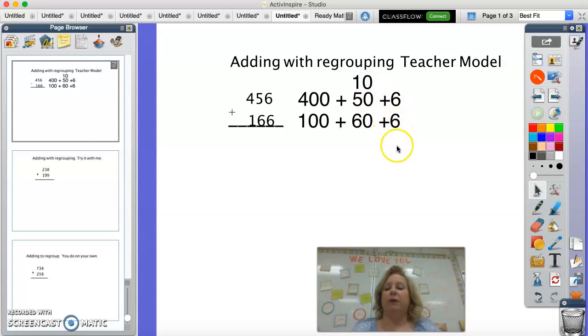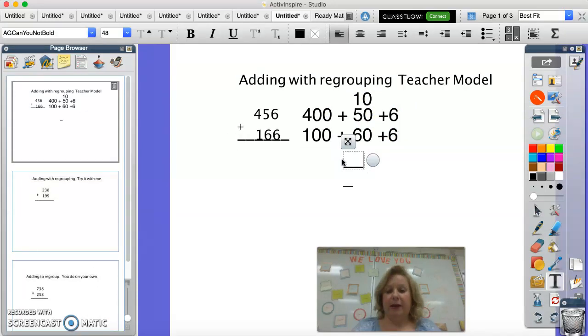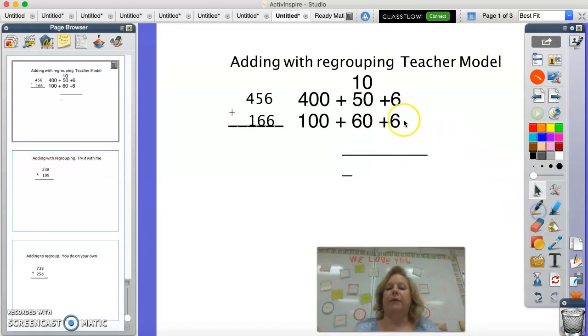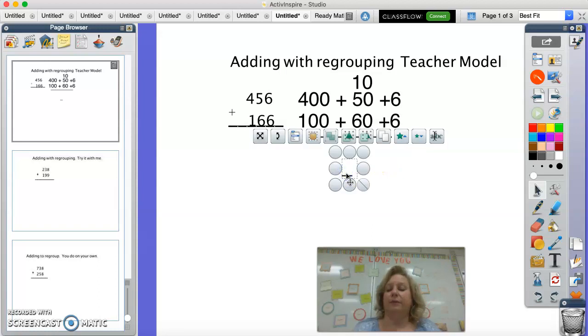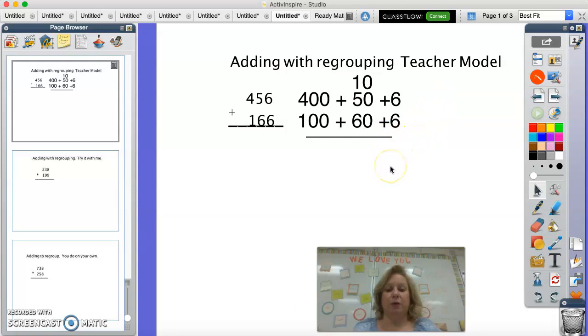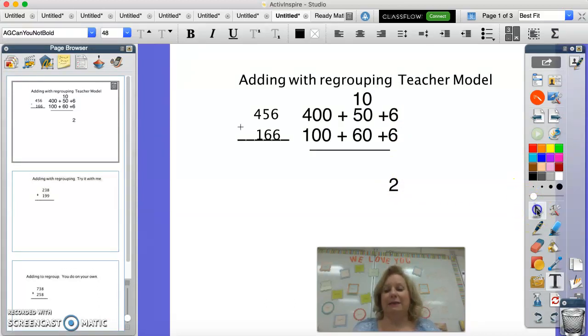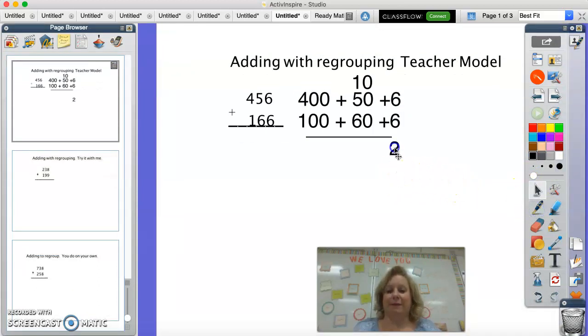And then here we add our 6 plus 6, which equals 2, and we're carrying that 10, or regrouping that 10.